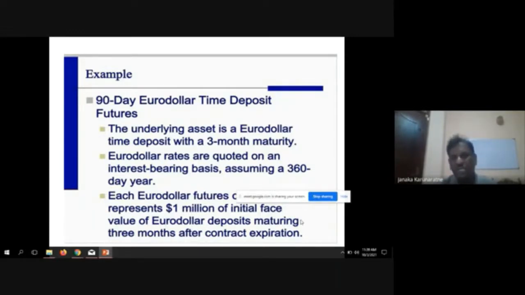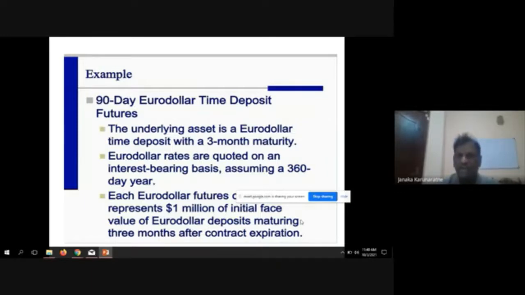This is the instrument many banks use for risk management with respect to short-term interest rates. So what is a Eurodollar time deposit? That is a dollar deposit. Dollar deposits which are issued in countries other than the US are Eurodollar deposits. Eurodollar means a dollar-denominated instrument issued in countries other than the US.